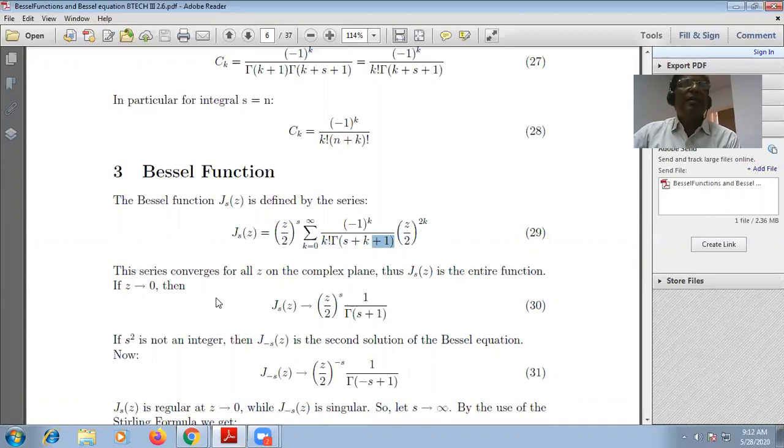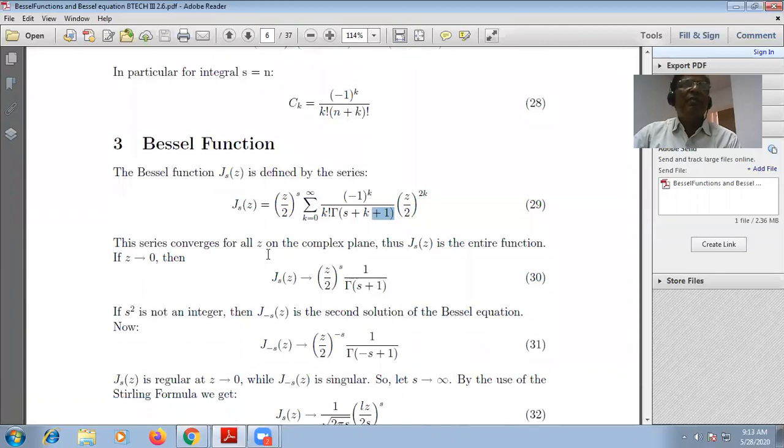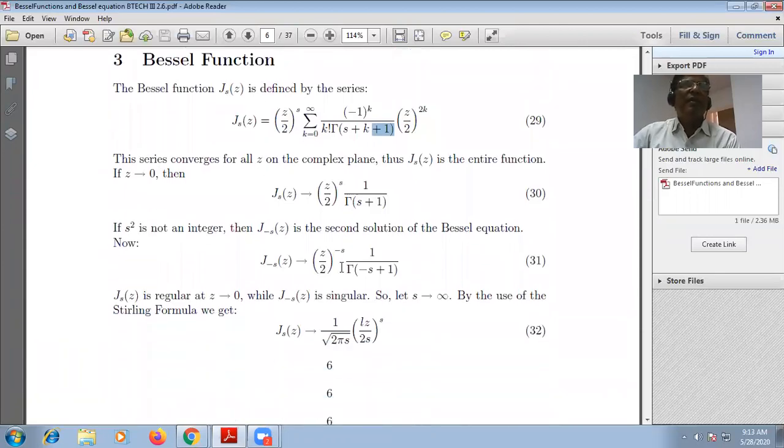This series converges, meaning it gives a certain and definite result, so the series is said to be a convergent series. The series converges for all z in the complex plane. Thus J s of z is an entire function. If z tends to 0, then what can you find? You can find this result.